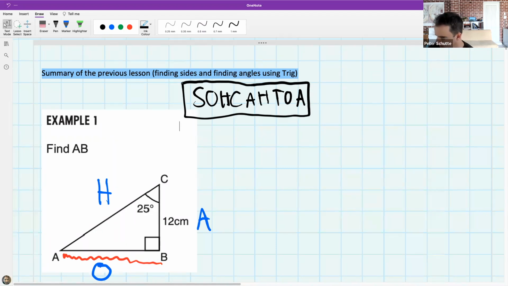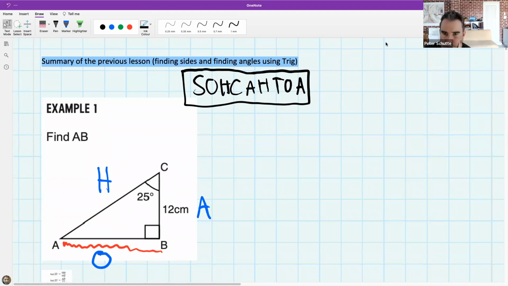Or maybe if somebody is willing, you can just pop your hand up and talk me through how you got the answer to this question. Pop your hand up if you think you could give us a bit of guidance on this one.